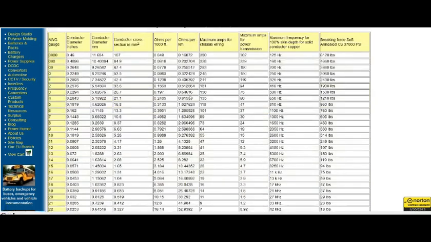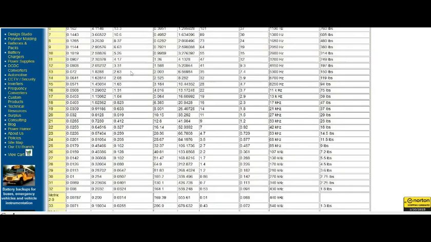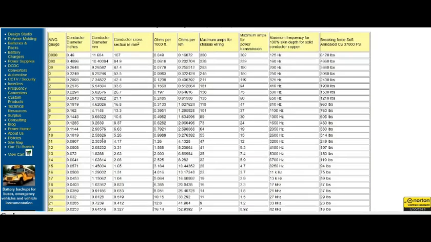So if you go down here, let's take like 20 gauge. It's hard to see. No, we can see it. There's the conductor diameter, there's the ohms per 1,000 feet. This is what we're interested in regards to our current topic. Maximum frequency for 100% skin depth for solid conductor copper for 20 gauge is 27 hertz.